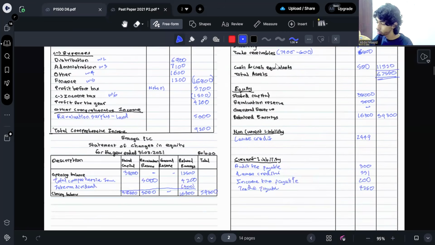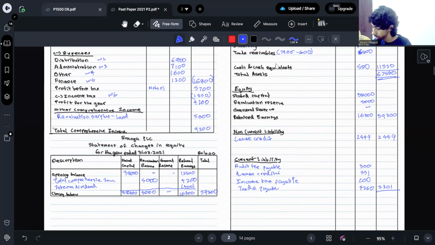Then equity 2,449, you can take it here, and your current liabilities will be 300 plus 551 plus 200 plus 4,250, that is 5,301.